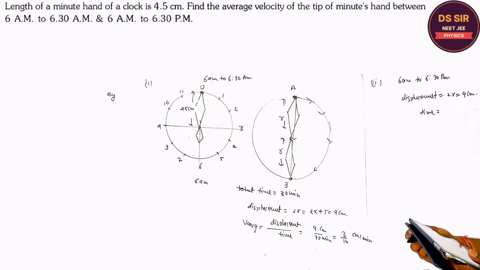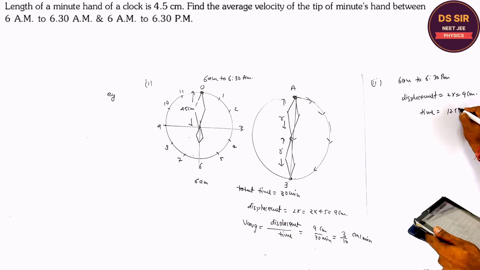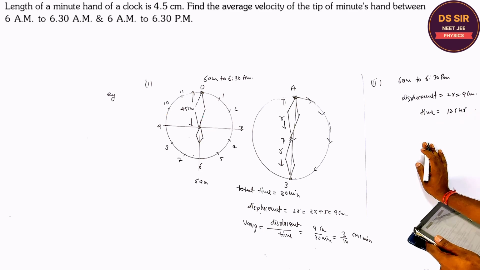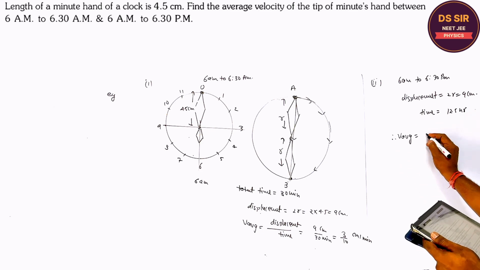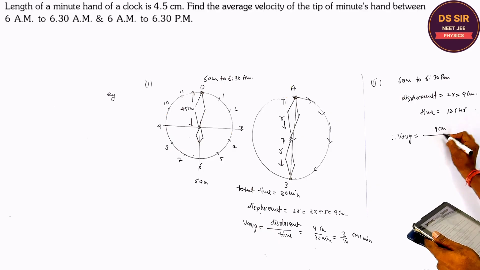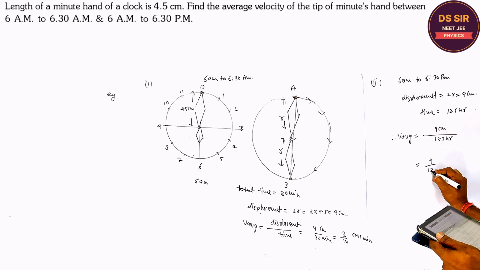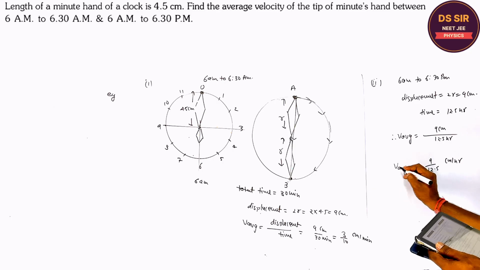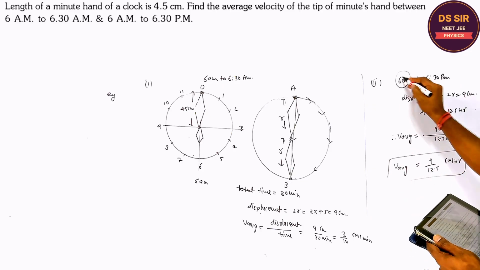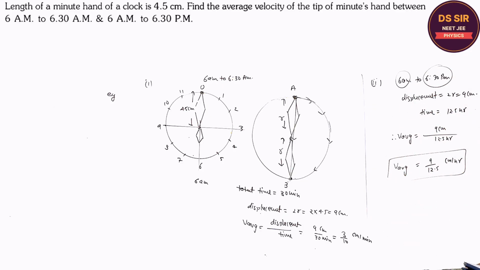Yes, 12.5 hours, right? And therefore the average velocity is nothing but total displacement divided by total time. So the unit will be 9 divided by 12.5 centimeter per hour is the average velocity for 6 a.m. to 6:30 p.m. Is it clear or not, you tell?